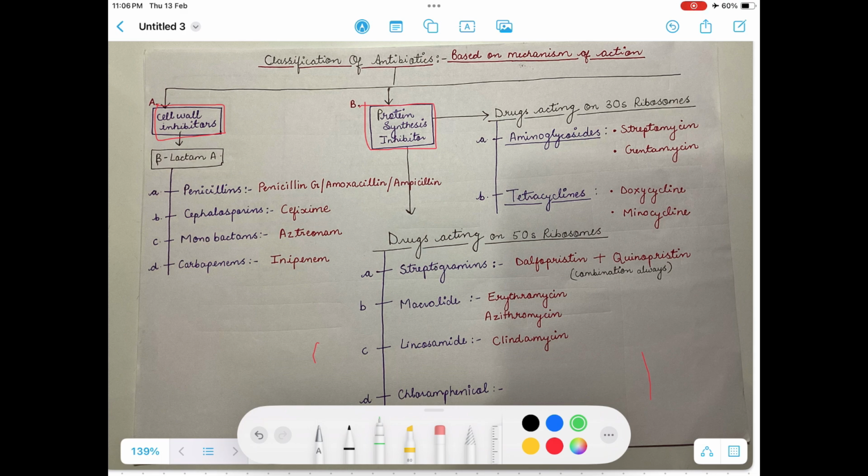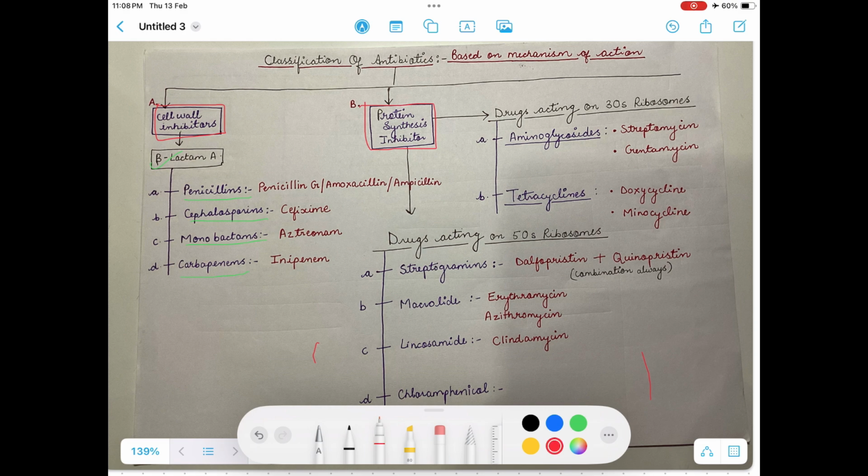Antibiotics on the basis of mechanism of action are basically divided into 6 categories. The first category is the cell wall inhibitors. There are certain antibiotics which act on the cell wall. They inhibit the cell wall of the bacteria. Here come the beta-lactam antibiotics, and under the beta-lactam antibiotics we see penicillin, cephalosporins, monobactams, and carbapenems.